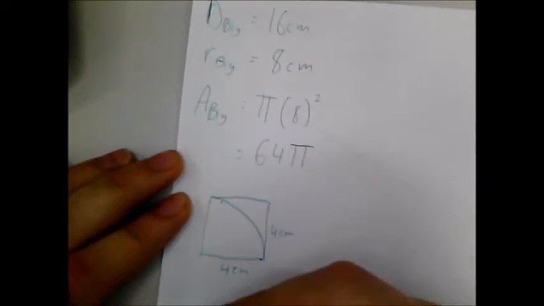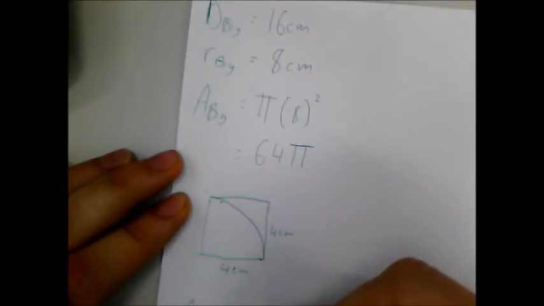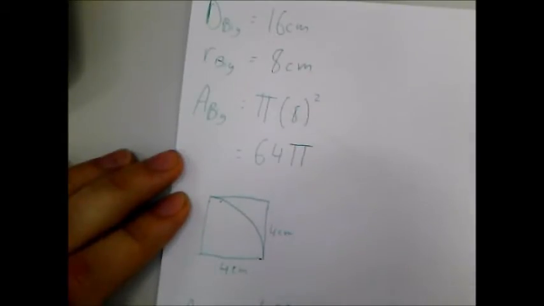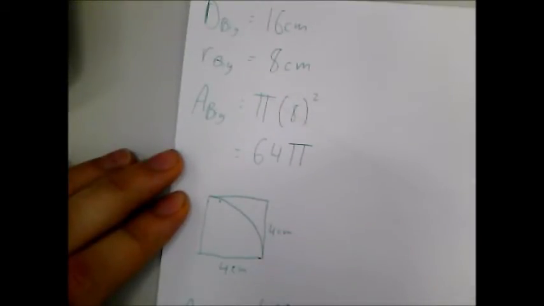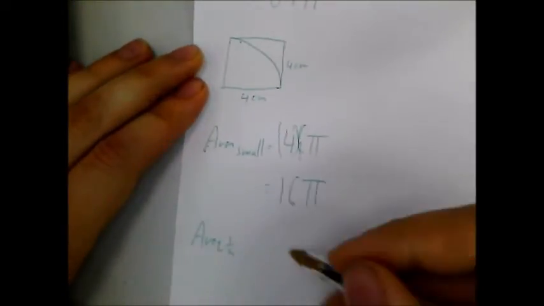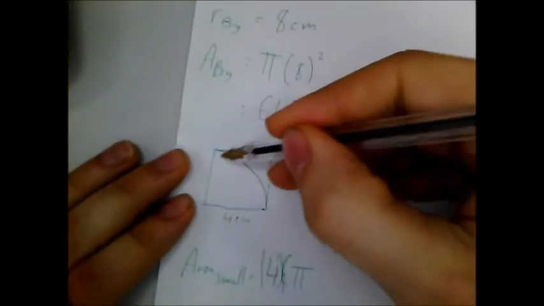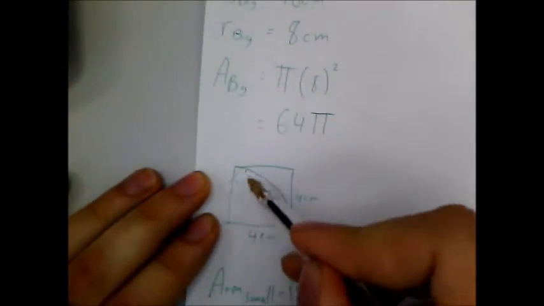So I know this is the radius, and I know this is the area of a quarter circle of the small circle. So let's get the area of the small circle first. I know my radius is 4 centimeters, so the area of the small circle is equal to 4 squared pi, so that gives us 16 pi. Therefore the area of the quarter circle is equal to 4 pi. So I know this region here is worth 4 pi. So let's work out the area of the square.